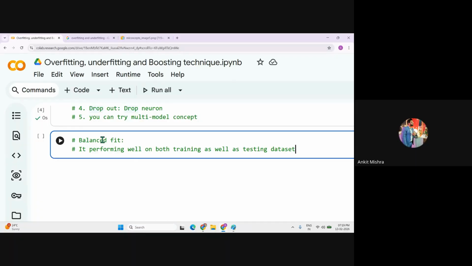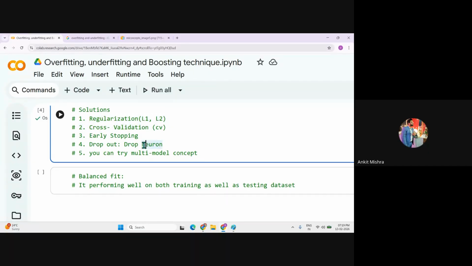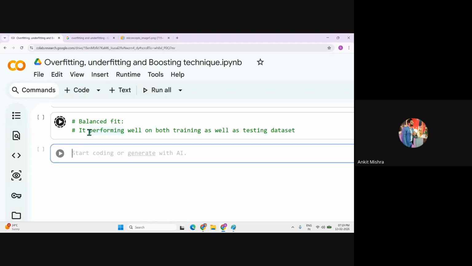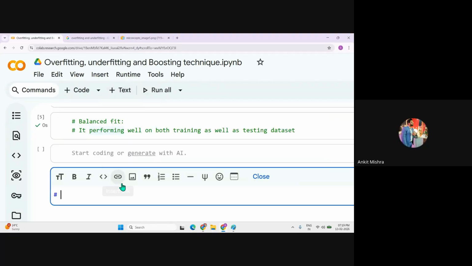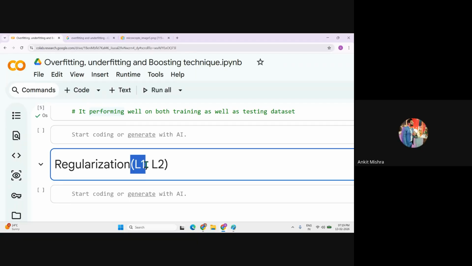Now, how to achieve that balance fit approach? We can use any of these techniques, a regularization technique or the cross validation technique, right? Now let's just use this regularization technique. Okay, so why are we saying this regularization as the L1 and L2 technique?